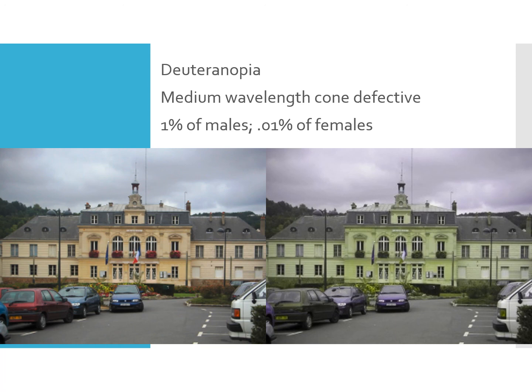This is in about 1% of males, about 0.01% of females. And in my classes, I usually go back and forth between these 2 to show that there doesn't appear to be much difference in what's happening in the right hand image. But again, it's difficult to tell because we just point at colors and say this is what the color is, but what they're actually experiencing is not completely clear.